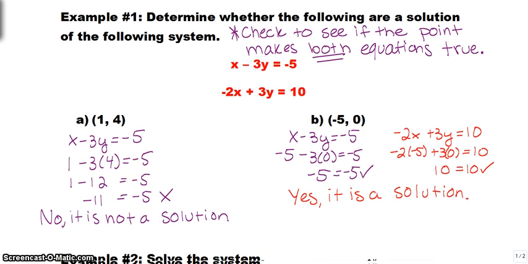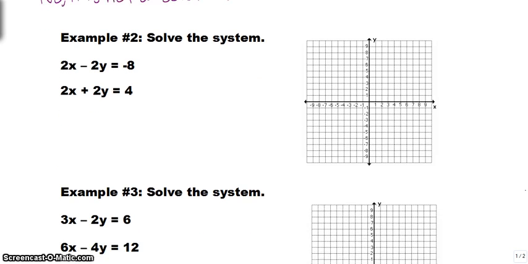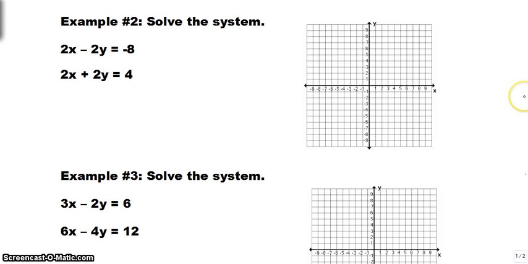Alright, so moving on to the next problem. Now we want to work on actually solving a system by graphing. You can use whatever method you like to graph. I personally prefer to get my equations into slope-intercept form first. So if I were to solve this equation for y, I would get y equals x plus 4.